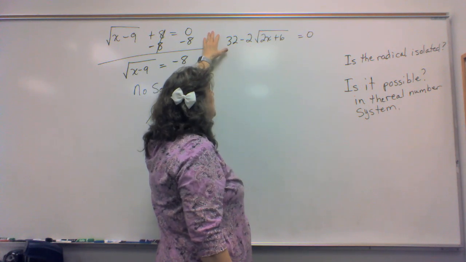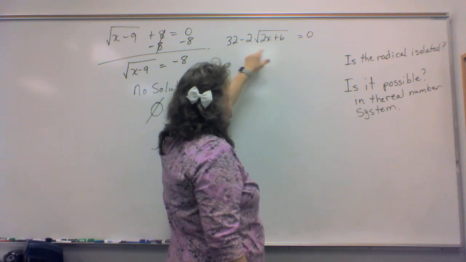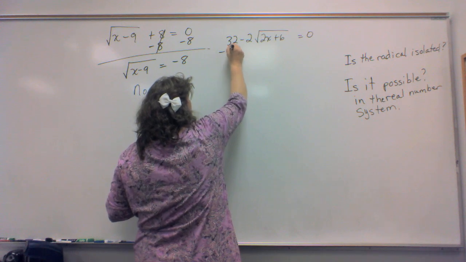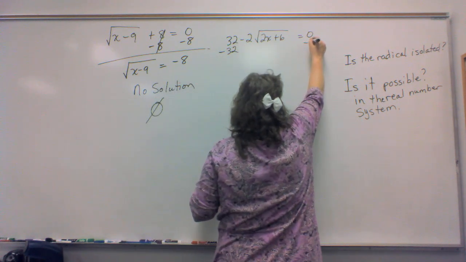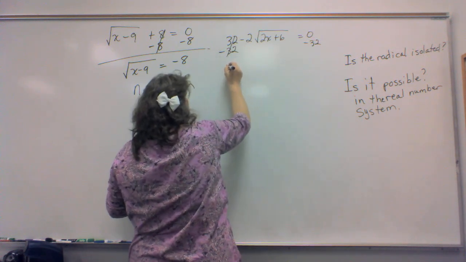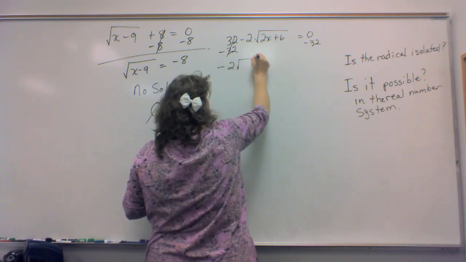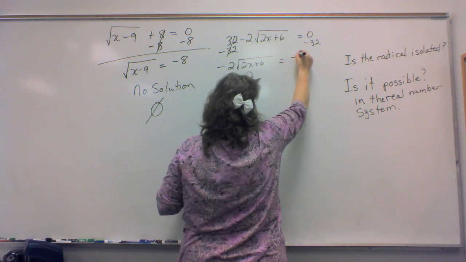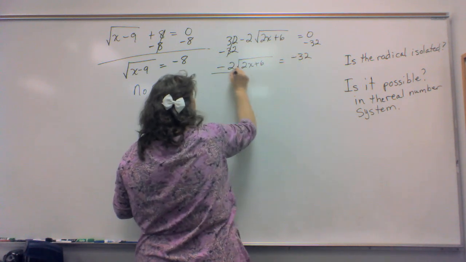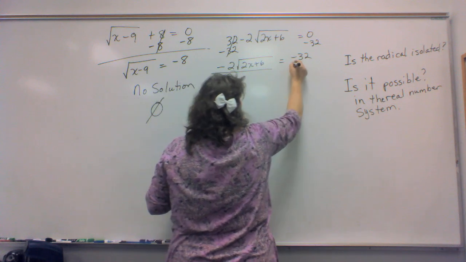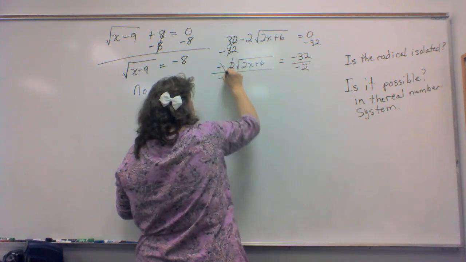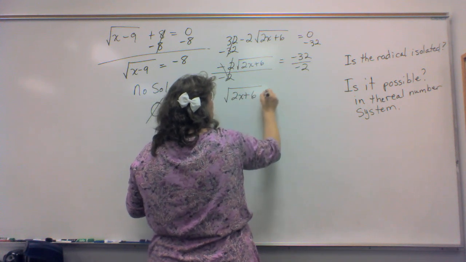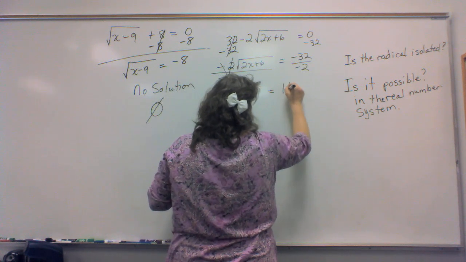So the first thing I'm going to do, instead of dividing by 2, which would require everything to be divided by 2, we're going to subtract our 32 from both sides. And that's going to give me negative 2 times the square root of 2x plus 6 equal to a negative 32. Now, divide by your negative 2. And that eliminates that, leaving you with your square root of 2x plus 6 equal to positive 16.